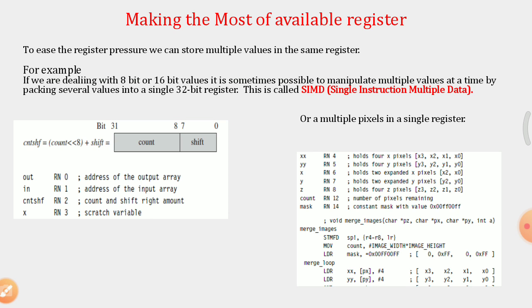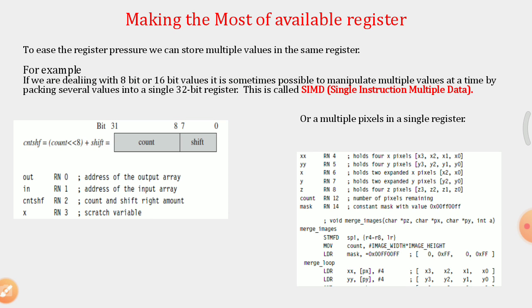Or else, on the right side we can go for multiple pixels in a single register. See that XX is a name for register 4, Rn4, which holds 4 pixels. This is the program for storing pixels of the image.